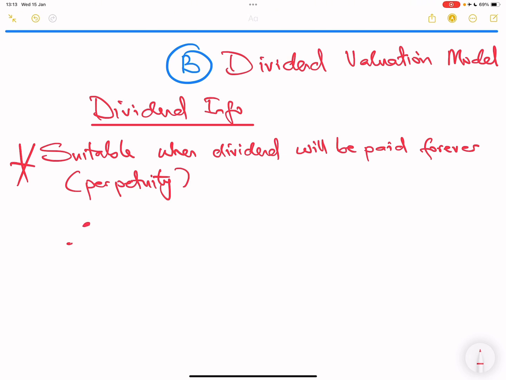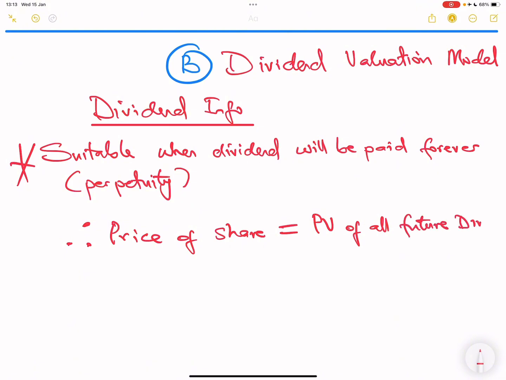So therefore, the price or the value of a share, equity, is equals to the present value of all future dividends. Simple. So it's the present value of all future dividends.